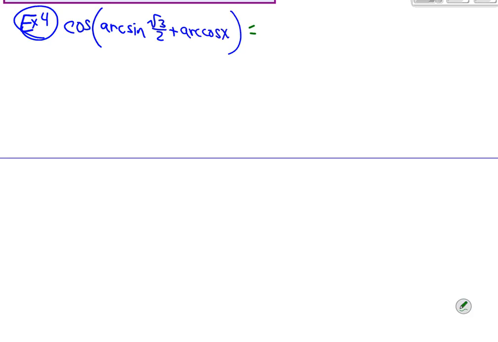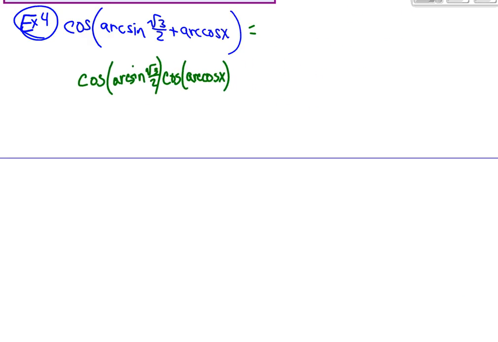So it's the cosine of the arc sine of the square root of 3 over 2, cosine of the arc cosine of x. I wanted to fit this in this one line, but I don't think I'm going to, so I'll just move all this down here.